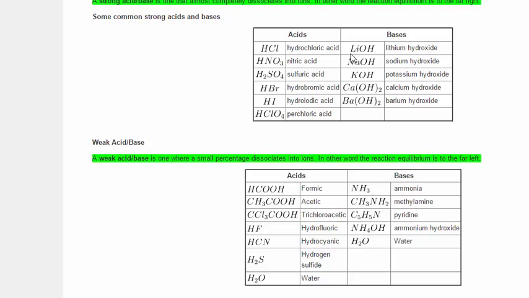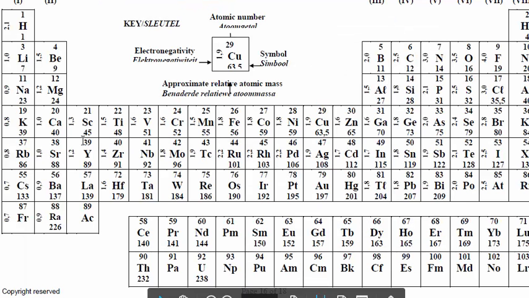So here you can see lithium hydroxide, sodium hydroxide, potassium hydroxide, calcium or beryllium hydroxide. These ones you'll see are in the second, okay, calcium and beryllium. So I suppose the first two columns, both of them would be strong because they are donating their electrons very easily.